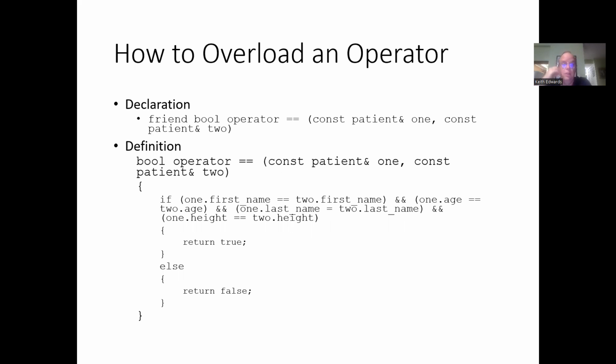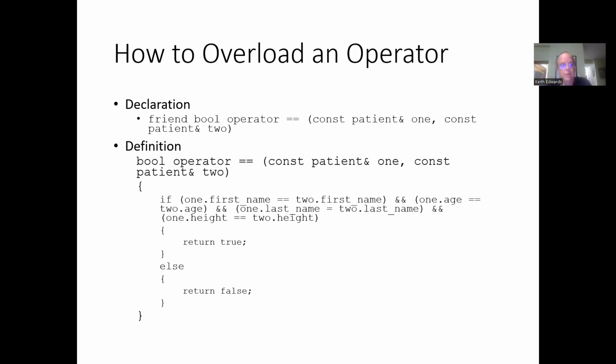Again, these are going to be friends, so they're going to have access to the private member variables. In the case of compare for equality, it will return a Boolean true or false value. We use the keyword operator to signify it's an operator, and then give the name of the operator. In this case, it's equal, or compare for equality, along with the parameters we need to consider, patient 1 and patient 2.